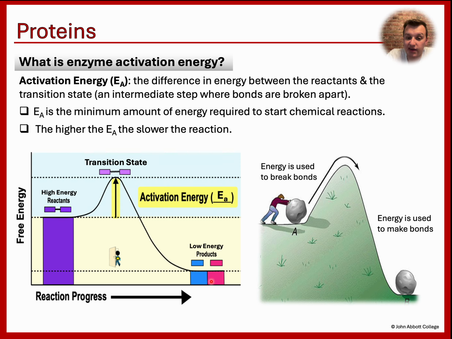Then we can have our little products here. So usually you have some energy you need to put in to break the bonds, and then you release a lot of energy when you break the bonds. But the EA is the intermediate step, the activation energy to be able to break the bonds, you need to put a bit of energy in, right?